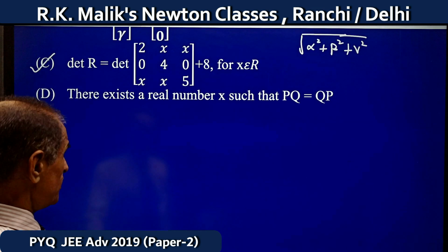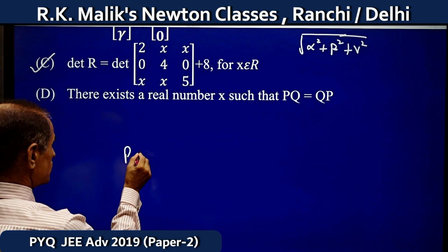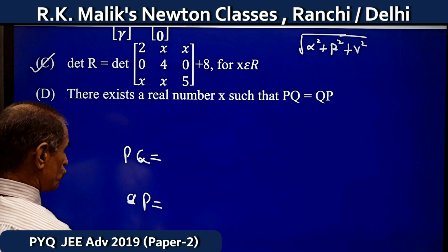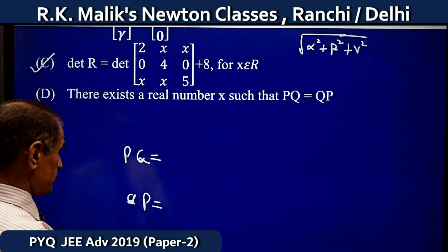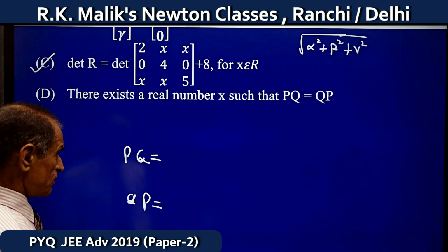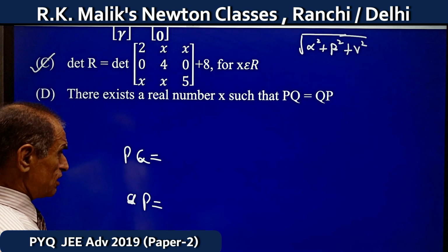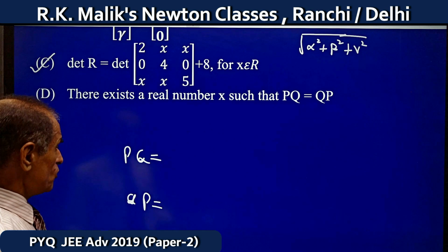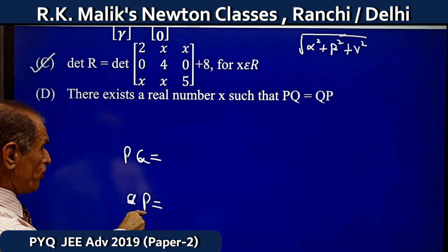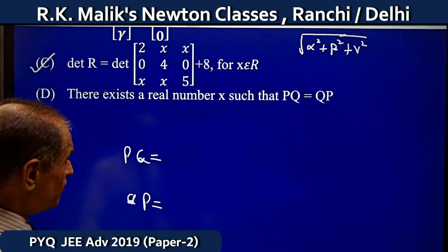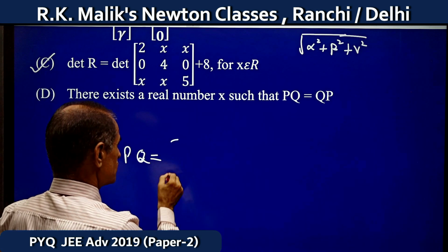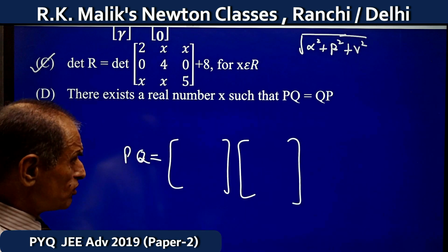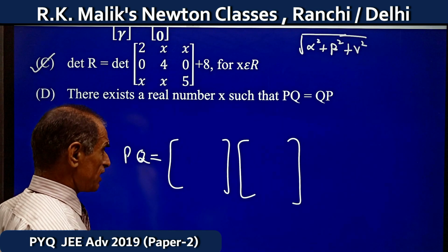And now to check the choice D, it will not be intelligent to find PQ and find QP and then check whether the two matrices are equal or not, because two 3 by 3 matrices are equal if all the 9 elements are equal. But it will be very lengthy to find PQ matrix, to find QP matrix, and then check. What I will do, I just find the product of P and Q, but I will not be calculating all the elements.